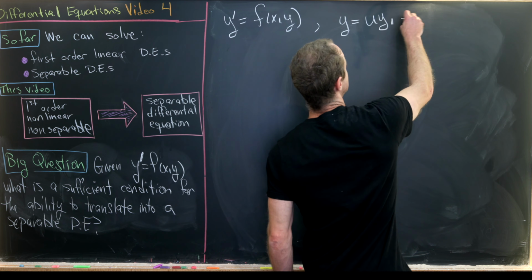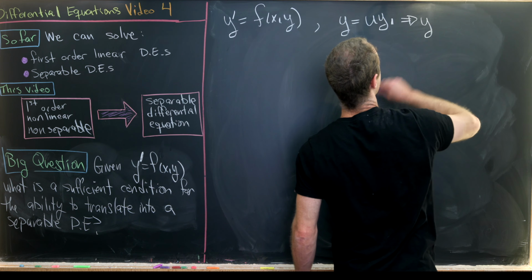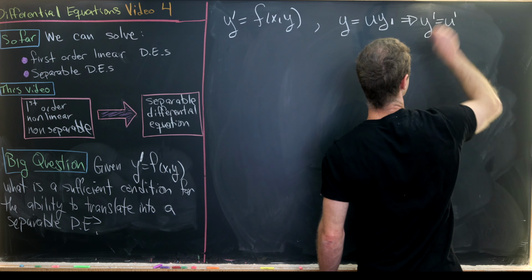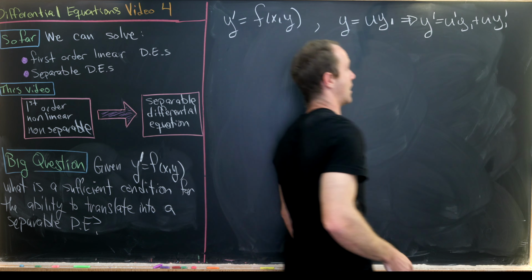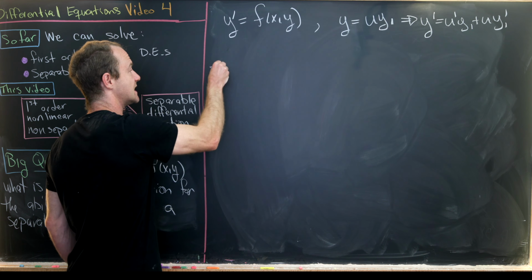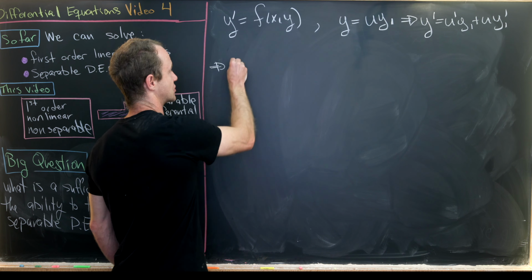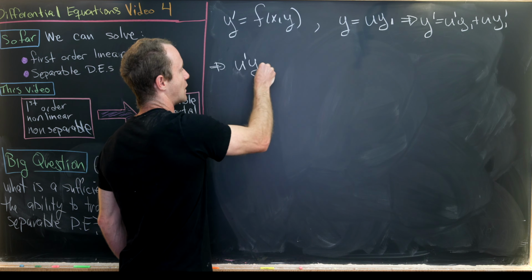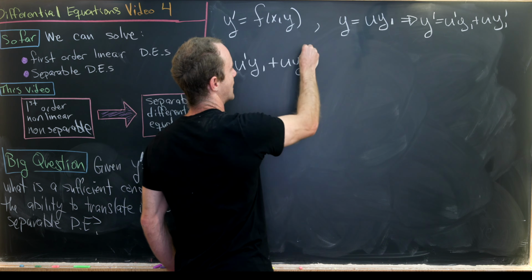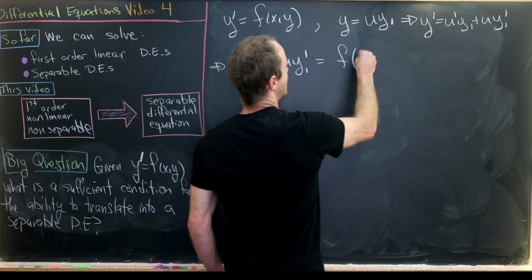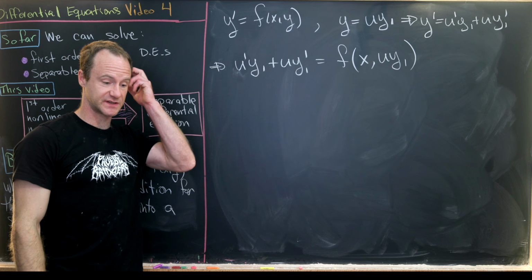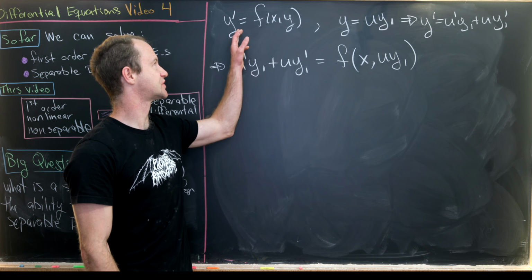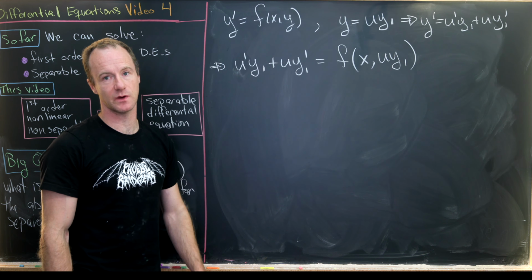So if y is equal to u times y1, then that means y prime is equal to u prime times y1 plus u times y1 prime, which means our original differential equation looks like u prime times y1 plus u times y1 prime equals f evaluated at x, u times y1. So we've done all of those substitutions, and so we've spread out the left-hand side of this equation.